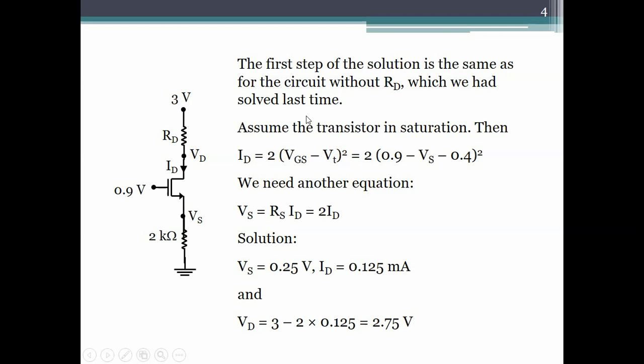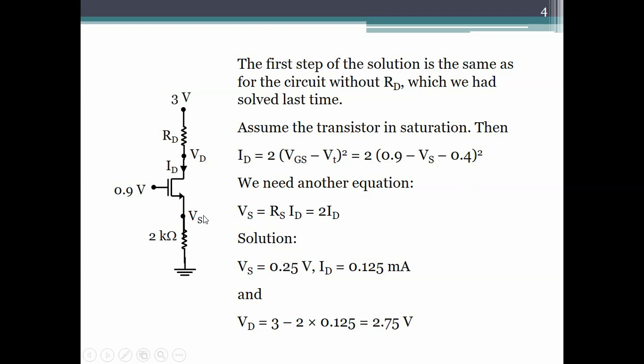So the first step is to assume that the transistor is in saturation, and so we write the saturation region equation. So that is ID equal to mu n Cox W by L, which is 4 divided by 2, which is 2, into VGS minus VT the whole squared. VGS is VG minus VS minus VT the whole squared. VG is given, VT is given, so we get this.